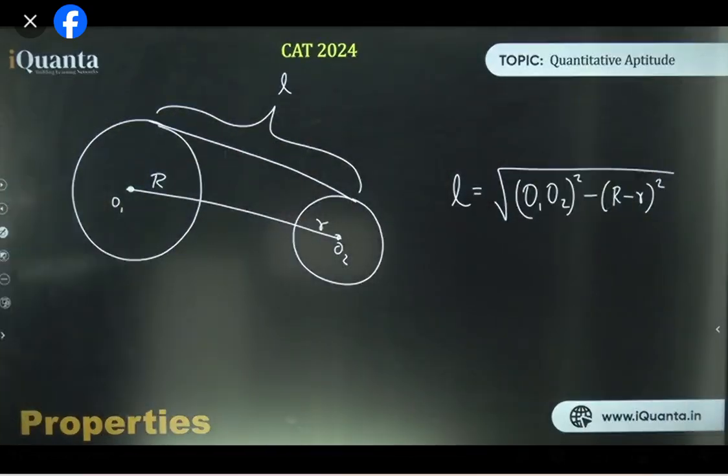Note this down. This is the length of the direct common tangent. Got it? We call this the direct common tangent.